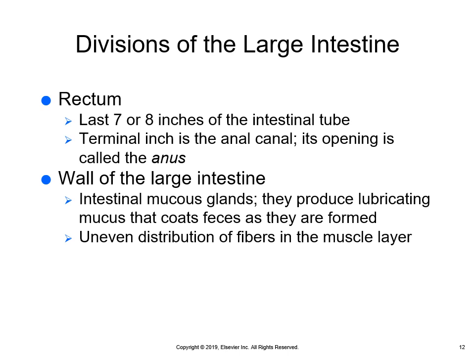We call those teniae coli. And this basically creates what we call haustra, which is not on this slide, but haustra are pouch-like segments that give the colon a more segmented look.